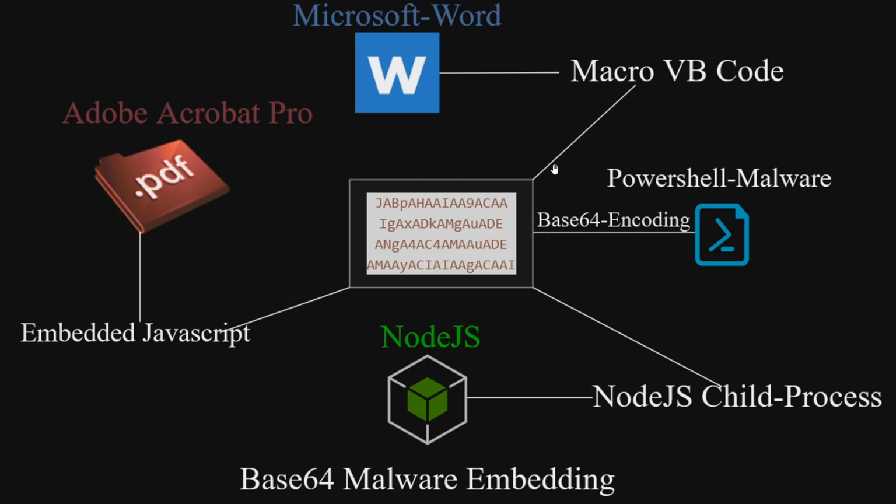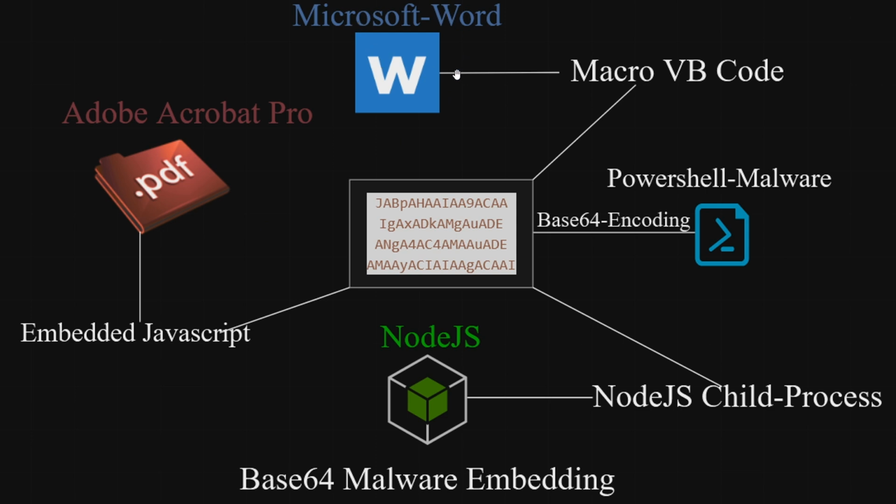So if we look at the architecture here, we can also see that we can embed the base64 malware code into various other applications, like the Adobe Acrobat Pro file, which has a module where you can embed JavaScript code inside and then actually run the PDF with the malicious code.